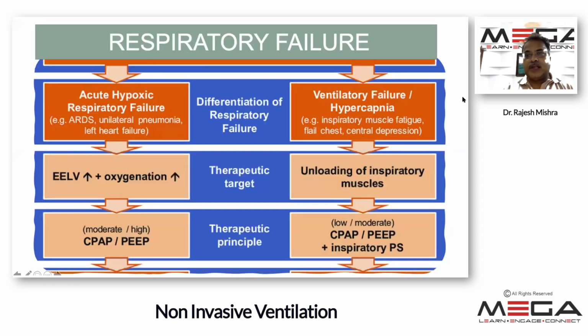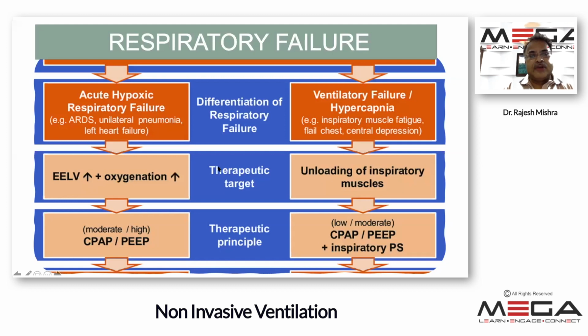If we see in the last couple of years, the use of non-invasive ventilation in respiratory failure has increased tremendously. Initially it was only being used for ventilatory failure, that is due to hypercapnia. Now it's being more and more used in acute hypoxic respiratory failure, that is early ARDS, some cases of pneumonia, left heart failure.